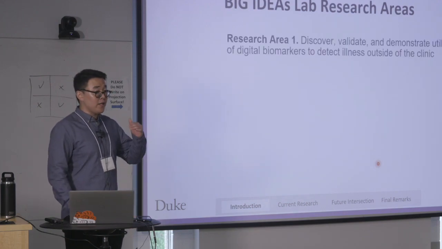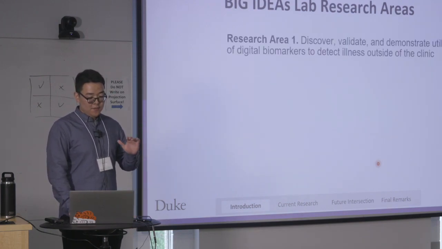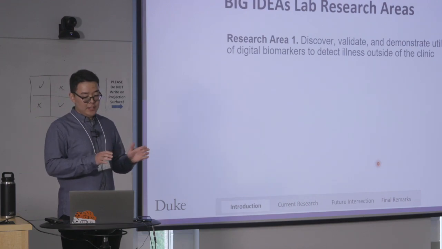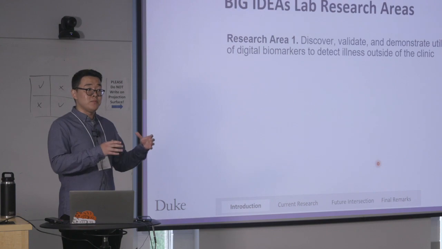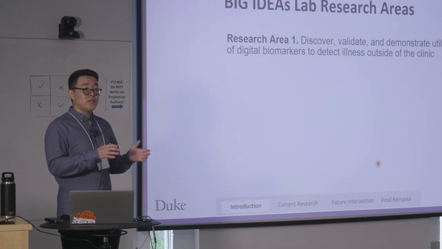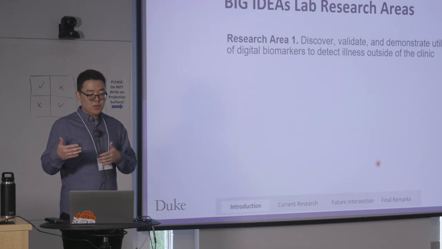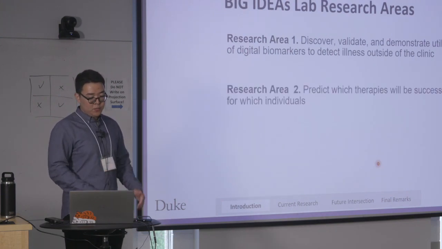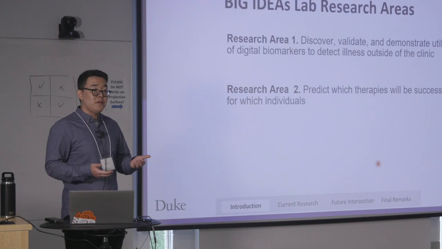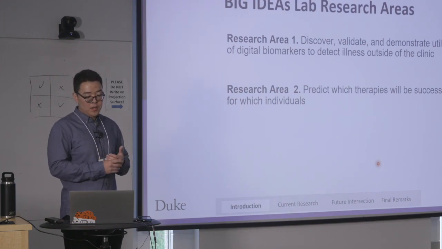To go over our lab research areas again: first, we're trying to discover and validate digital biomarkers that are related to illnesses. This is purely physiological signals that we're getting from sensors. The second point is we want to predict if any intervention strategies or therapies that we come up with will be successful for these individuals.